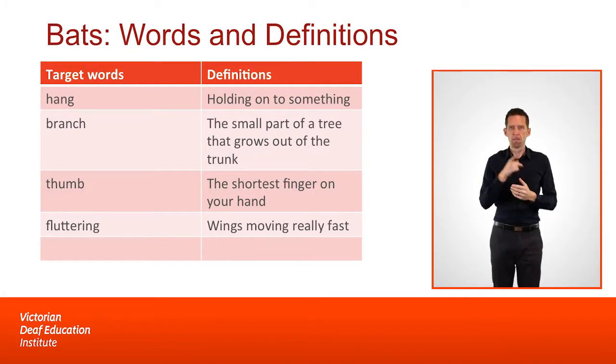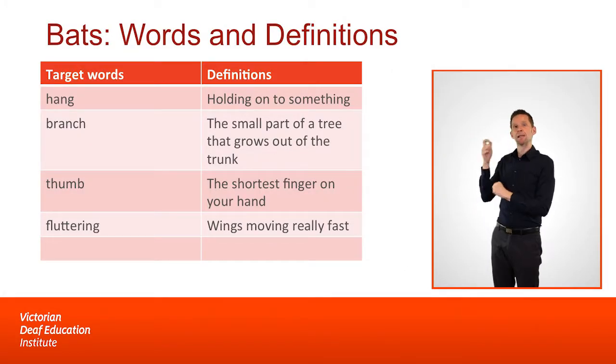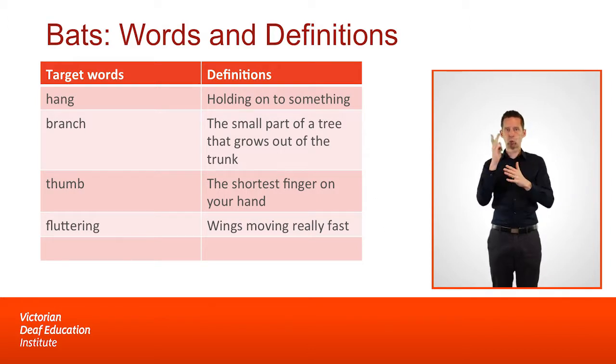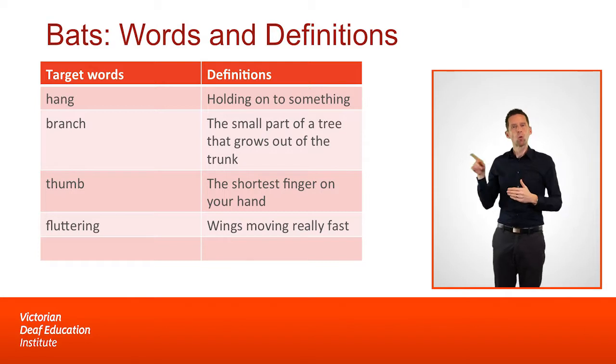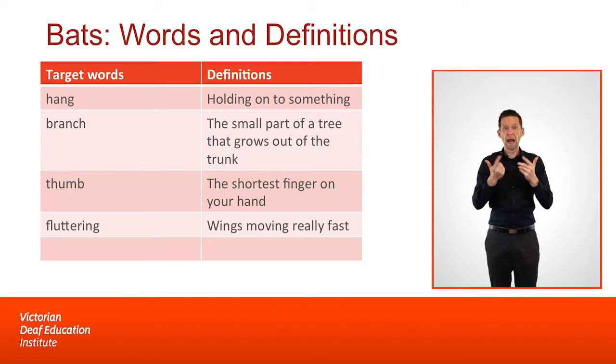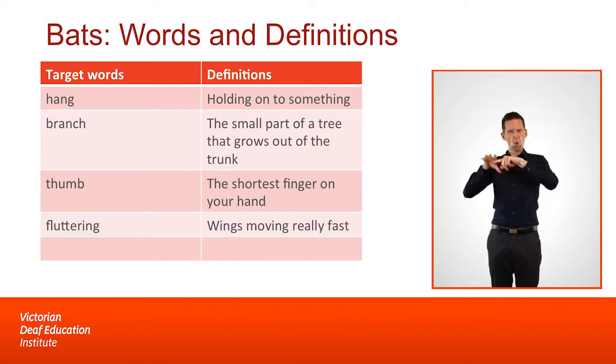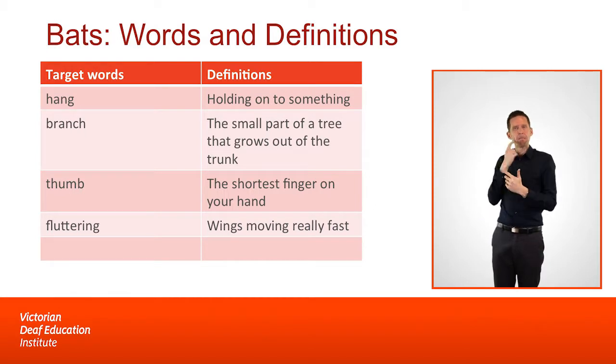So you'll see very clearly that these are tier 2 words, or at least we think they're tier 2 words. They don't occur in everyday language. Hang, holding on to something, branch, thumb, fluttering. You can see that the definitions are quite simple and ones that we think the children will understand.